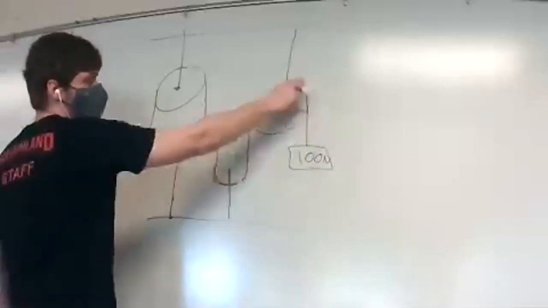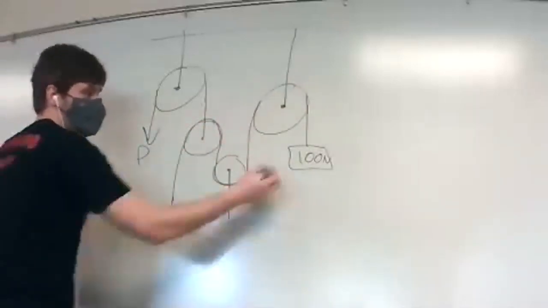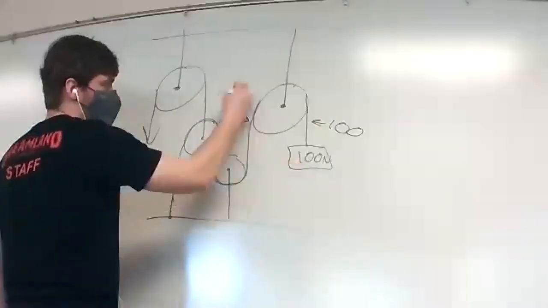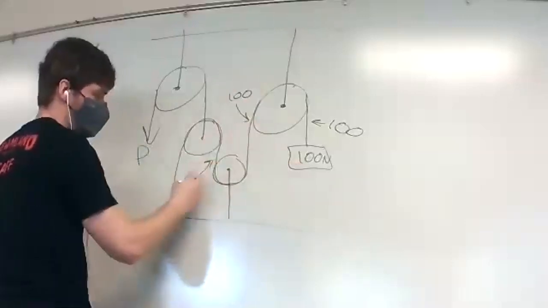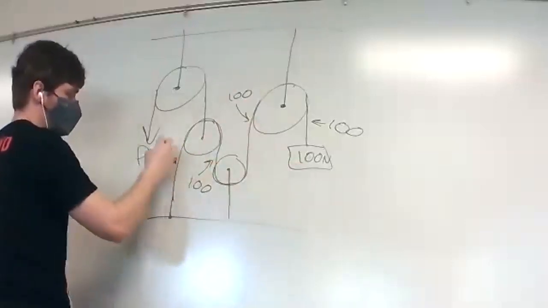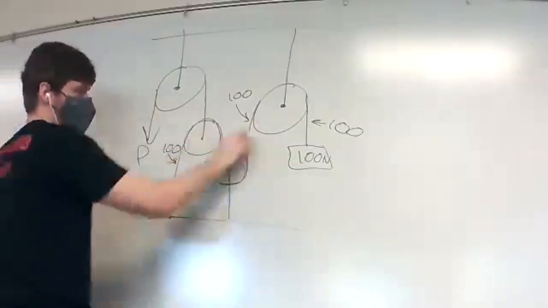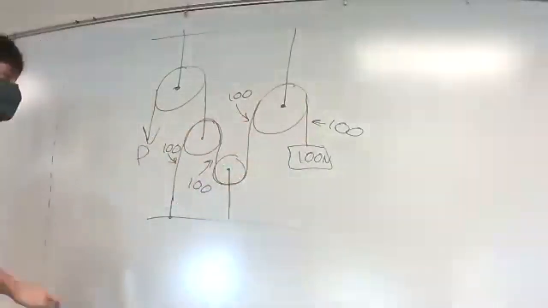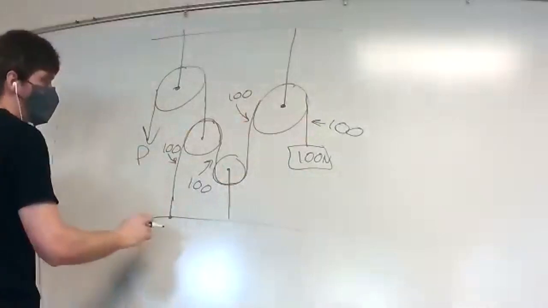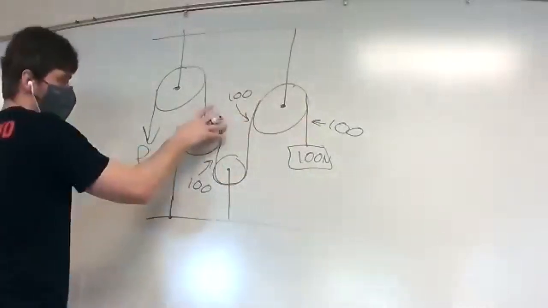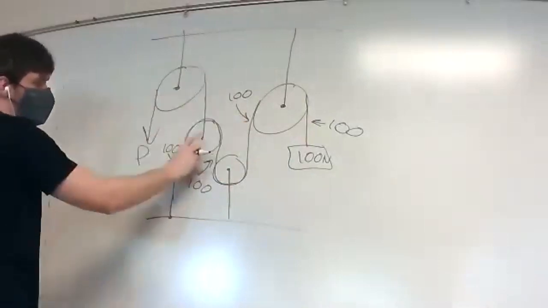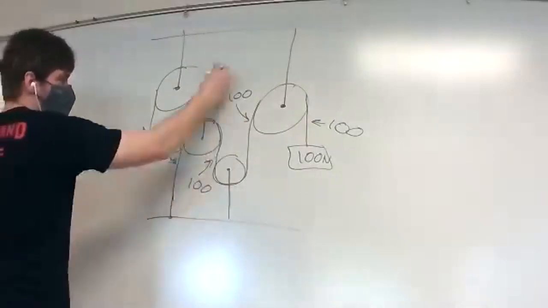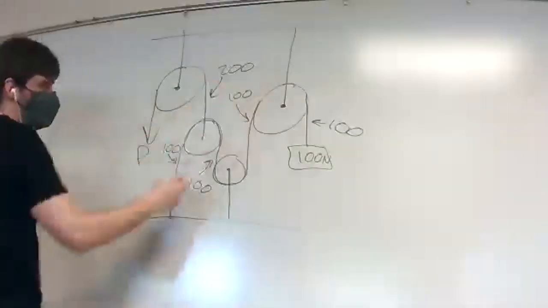And the thing about pulleys is that this is one giant cable. So this 100 newtons is 100 newtons inside there and here, because this cable is just one cable. The 100 newtons tension in this cable is constant. Which means that if we're looking for this P, and we take this pulley right here where the cable we're looking for connects, and we have 100 on both sides, this must be 200.